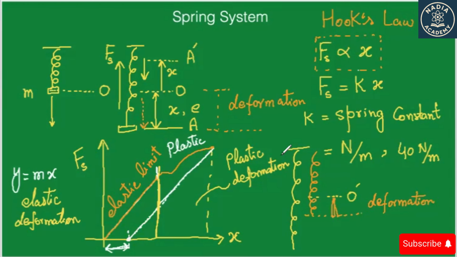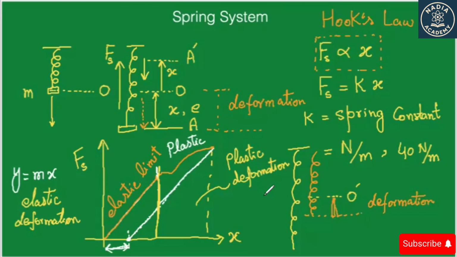Once we have crossed that limit, we are forcing our material into a region where it would not be able to remove its deformation completely. It would try to remove it but would not be able to remove it completely. It means that there will be some deformation left behind. That is actually the plastic deformation, permanent deformation.